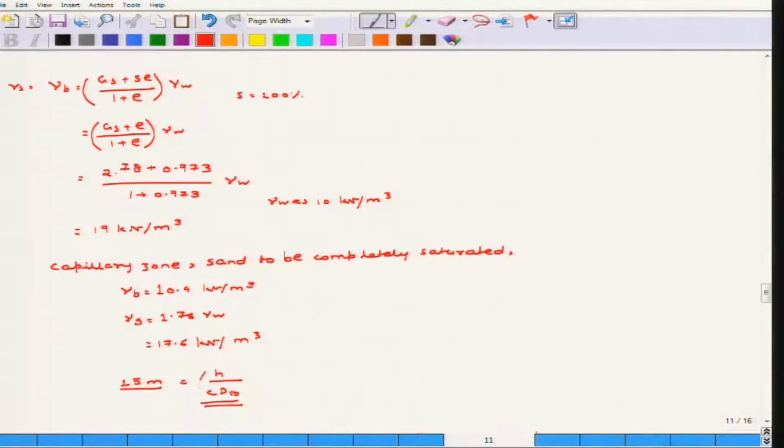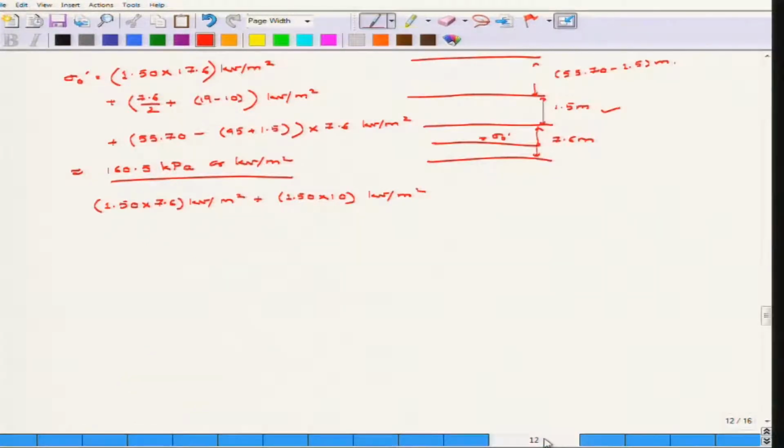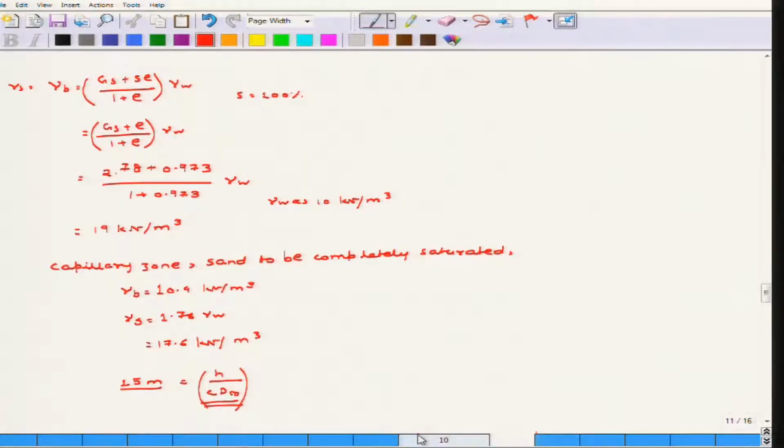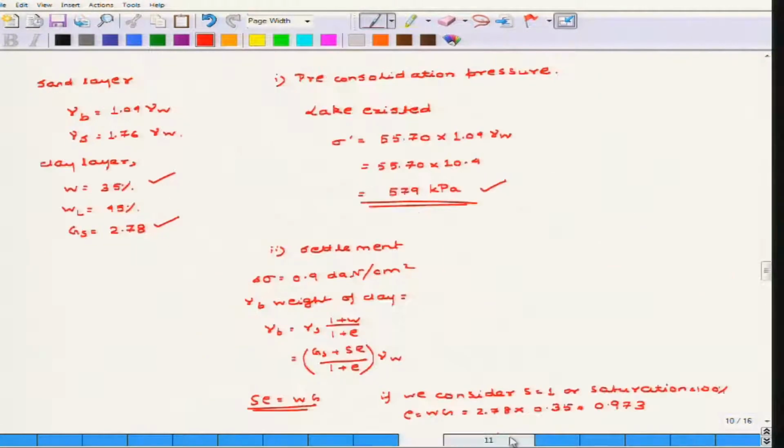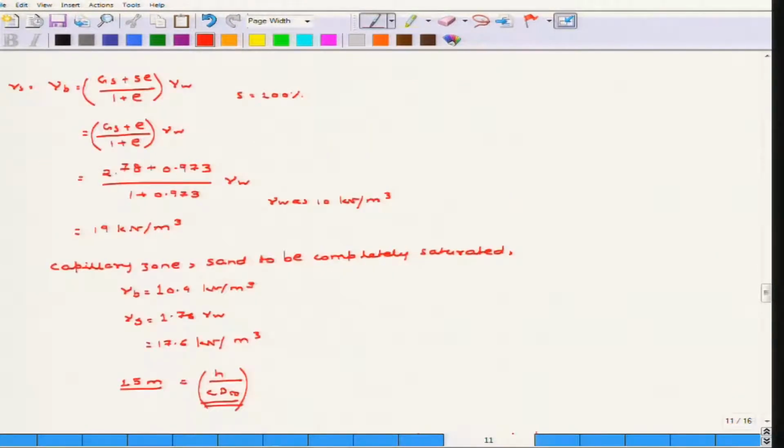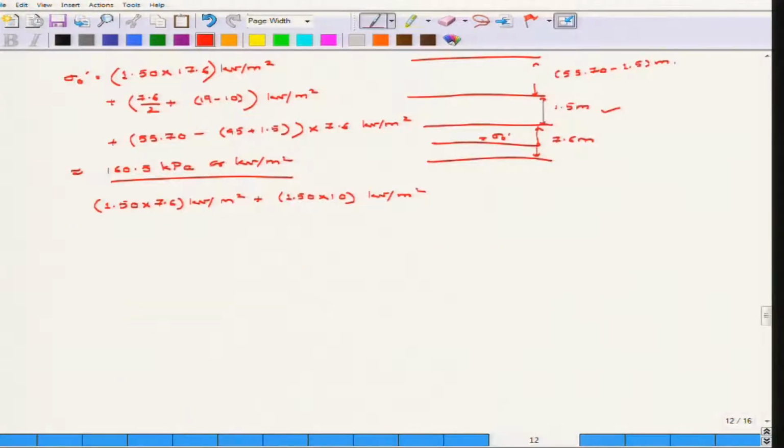If it is not given, you can find it out from Hazen's capillary constant, h equals C by D10, where the Hazen's constant has to be given. Since 1.5 meter is already given, and we already said the saturated sand has a unit weight of 1.76 gamma W, the weight of the sand in the capillary zone will be 1.50 into 7.6 due to sand only.